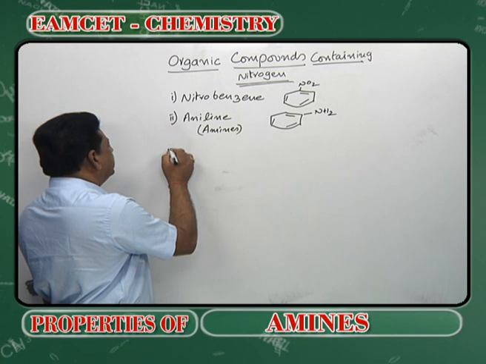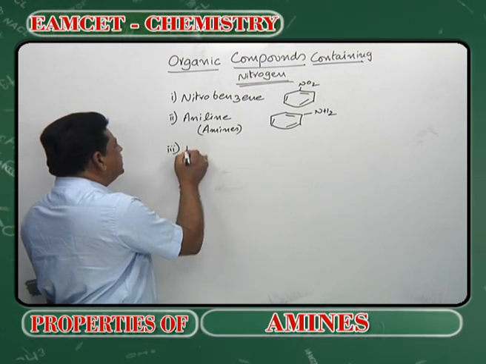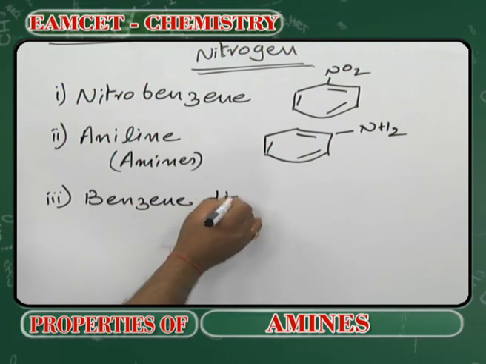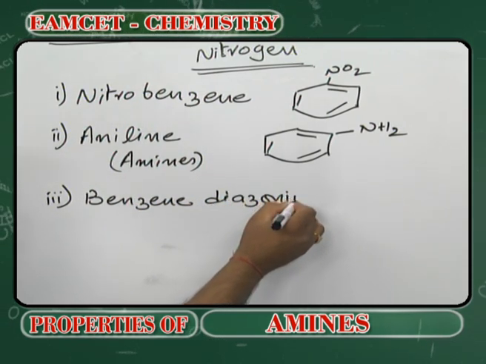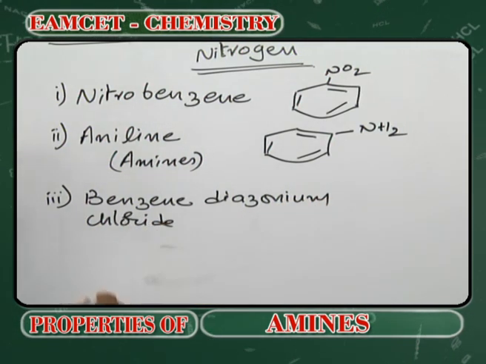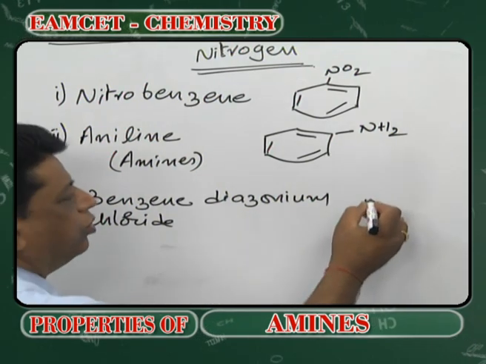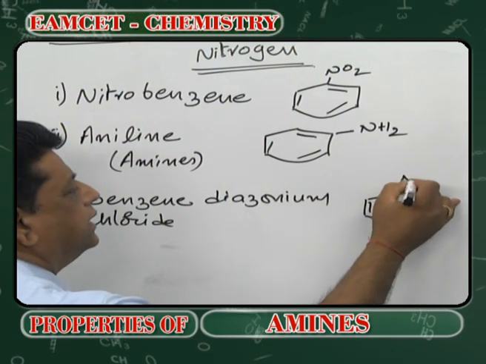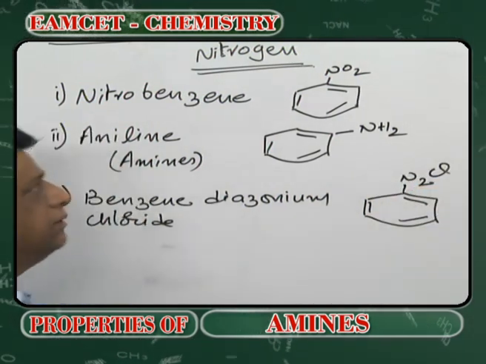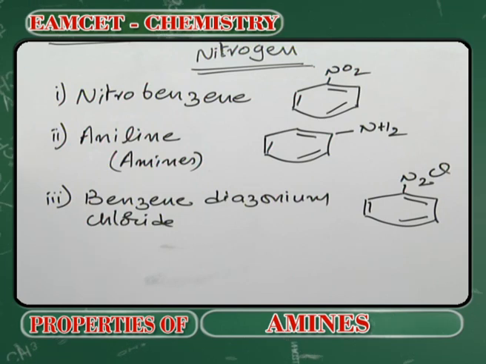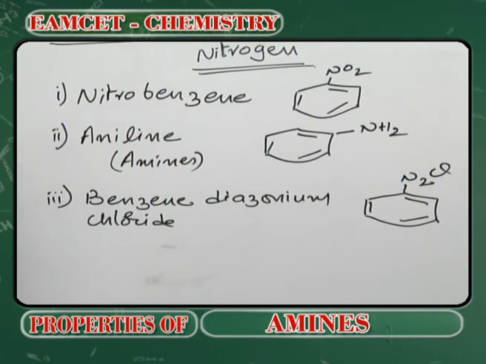And the third one is benzene diazonium chloride, or commonly you can take it as diazonium salts, and their uses in the industry, synthetic organic. These three molecules we are going to concentrate on: how these compounds are prepared, what the main important properties are, and so on. Let us take first nitrobenzene.